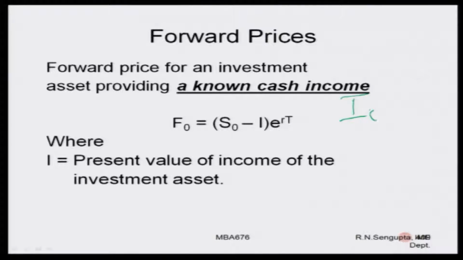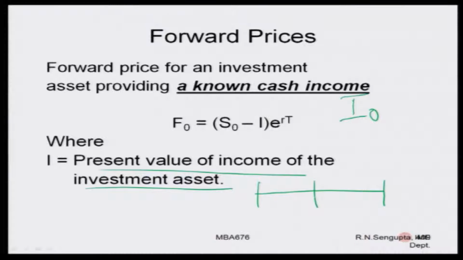I0 means the present value of those intermittent payments happening, at time t equal to 0, that is the present value of all the income of the investment asset. So, now consider you have a time duration like this, and there are two intermittent payments. So, I try to find out the present value of each, add them up, and that value would become I0.